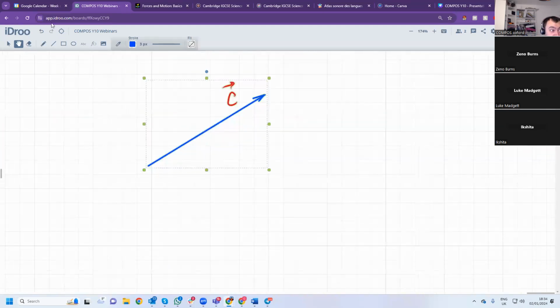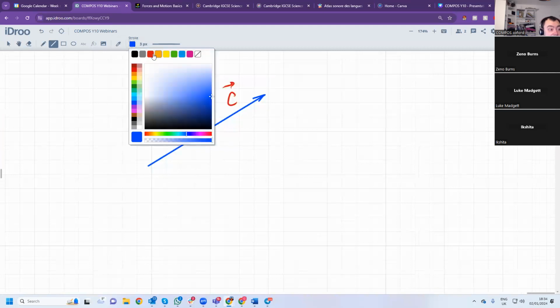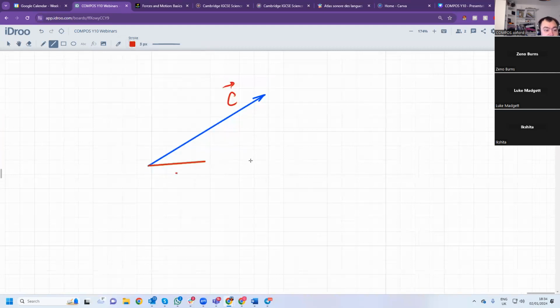We could say that vector c is the sum of this vector plus this vector, right? Because they make up a parallelogram. But it doesn't have to be this way. It could just as well be the sum of this vector and this vector.